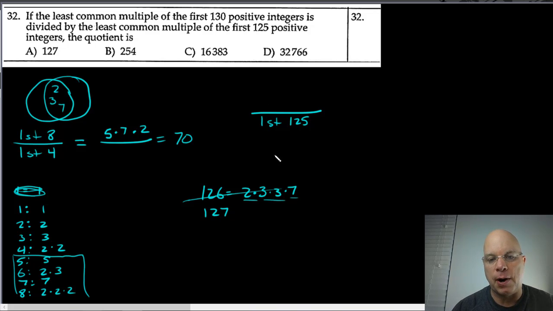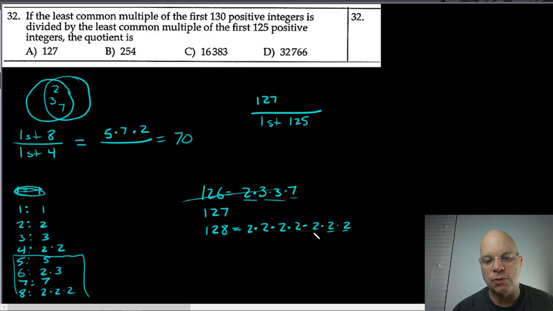127 is itself prime, so that will be part of the quotient. Here's the tricky part, and here's why I missed this problem. I thought 127 was the answer, choice A. But 128 is 2 times 64, 64 is 2 times 32, 32 is 2 times 16, 16 is 2 times 8, 8 is 2 times 4, 4 is 2 times 2.